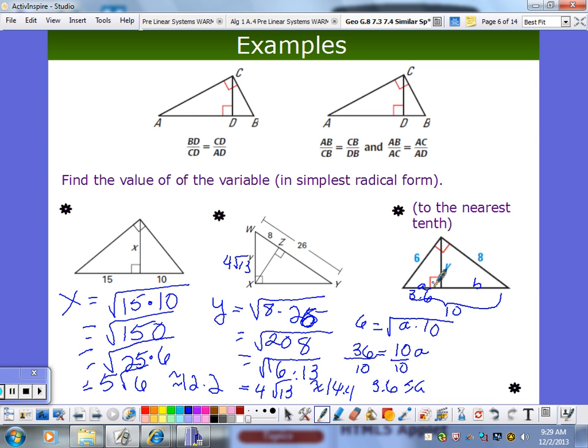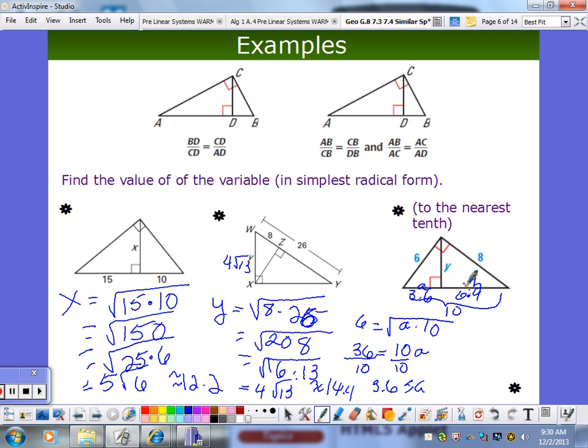What should B be? This whole thing is 10, and this is 3.6. Can I find B? How can I find B? 10 minus 3.6, which is 6.4. Now, is there a way to check that I'm right? Because sometimes I might mess this up.